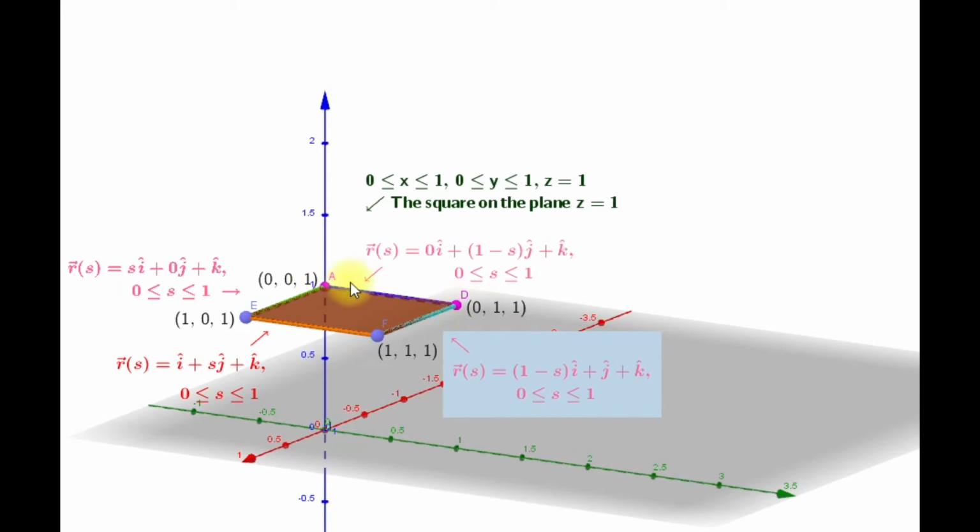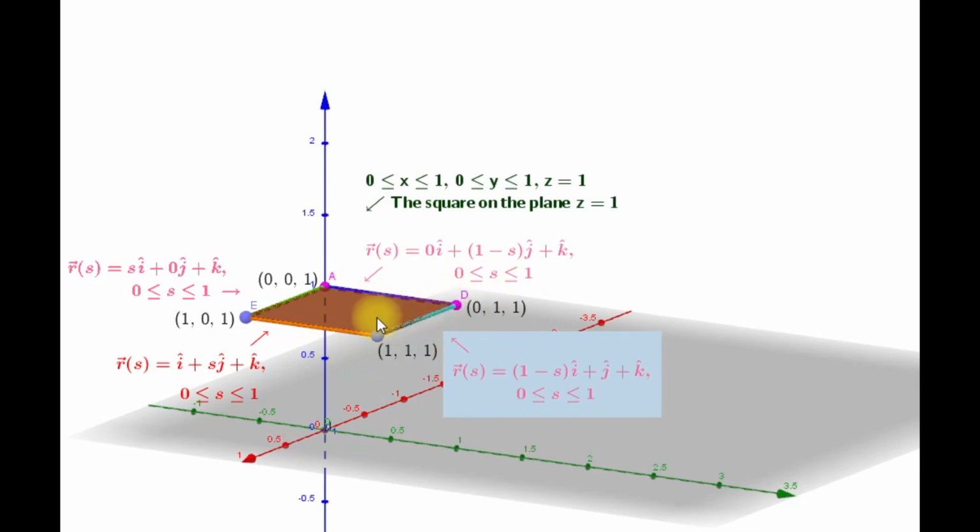Then on this line segment from 0, 1, 1 to 0, 0, 1, the z coordinate is 1, no problem. The x coordinate is 0, so 0 i here. At the same time, the y value varies from 1 to 0, so we take 1 minus s here, where 0 less than or equal to s less than or equal to 1.